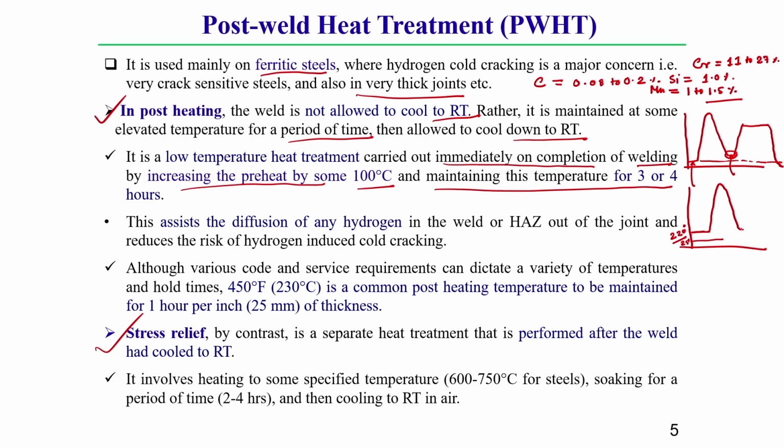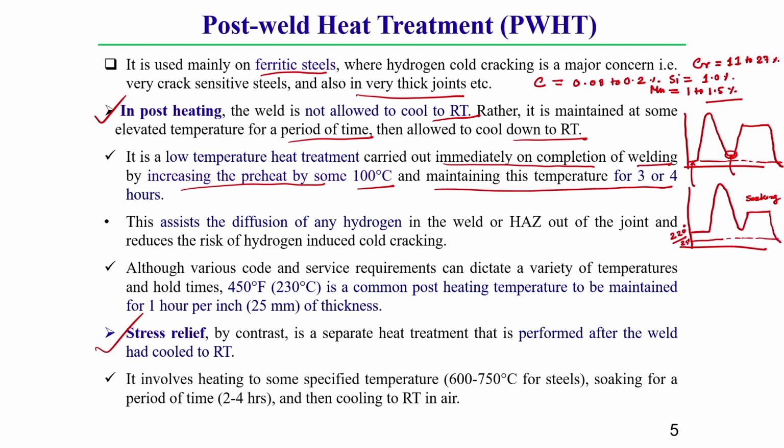After that, instead of cooling down to room temperature, we increase the temperature by around 100 degree centigrade. After that, we keep this temperature, which is called soaking time. We hold this temperature for a particular time. After that, we slowly cool it to room temperature.